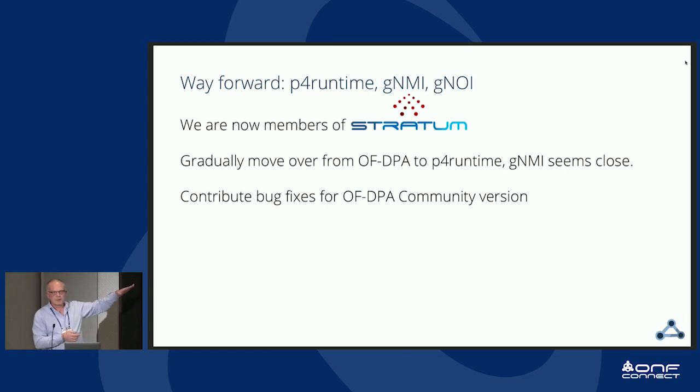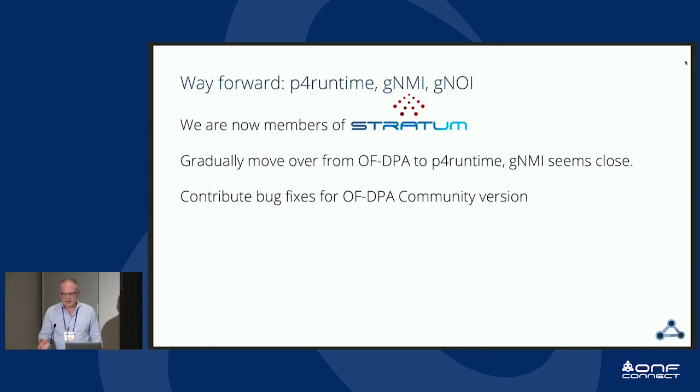We still want to keep Basebox D, the Netlink kernel integration, but we're going to replace it with a P4 runtime southbound interface. And if anyone finds that interesting enough, we'd be willing to contribute everything of that into Stratum. We just became members a couple of weeks ago, so this is where we go.